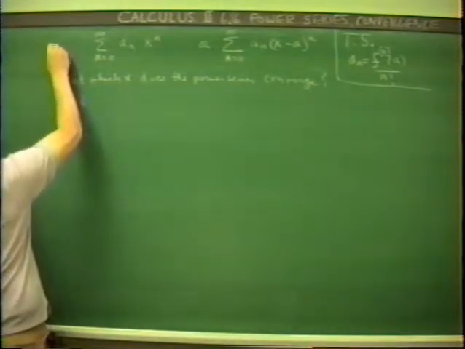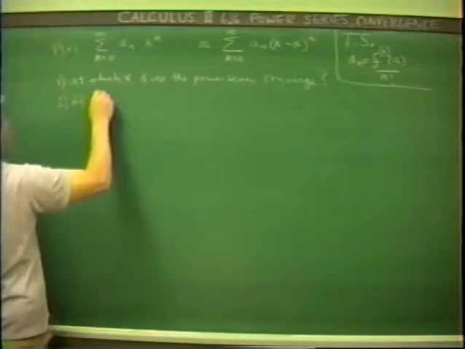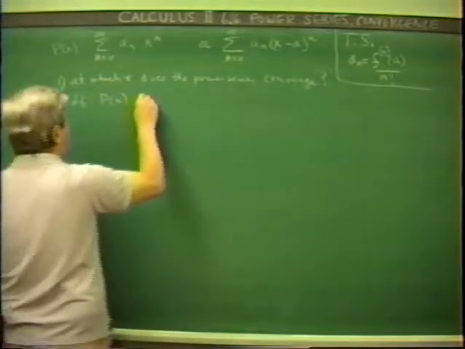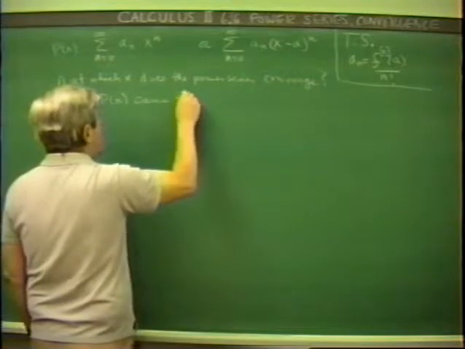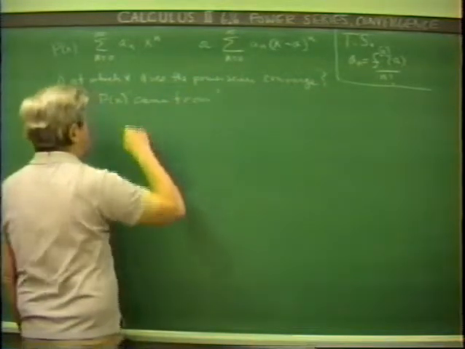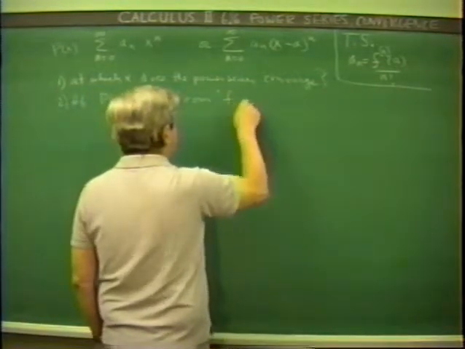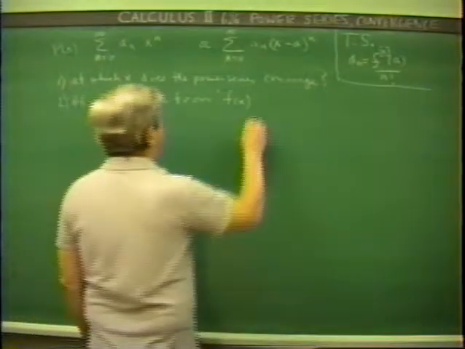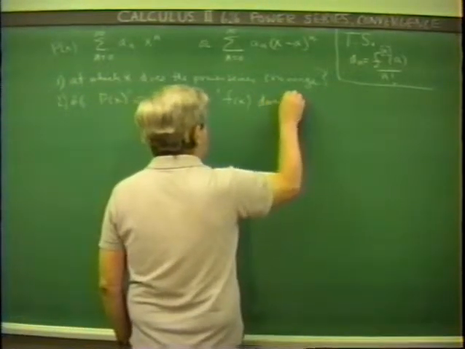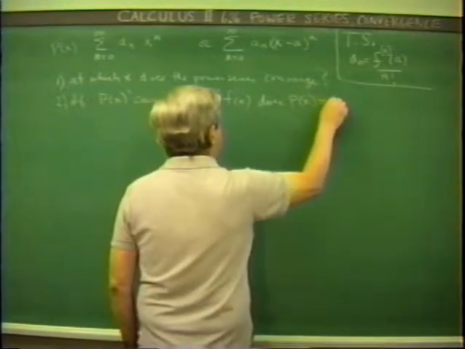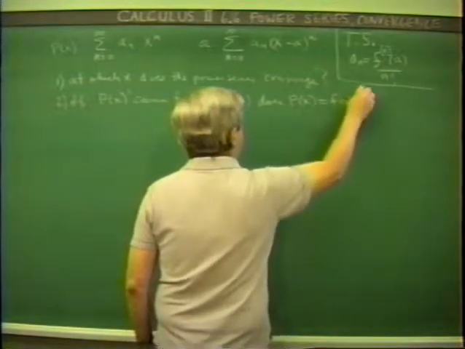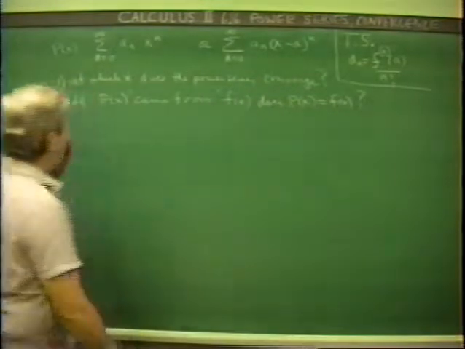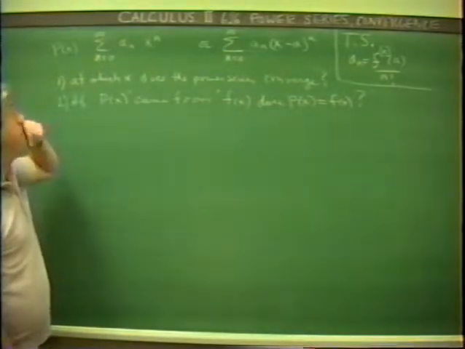And secondly, if P of x came from f of x, that's to say if it was the Taylor series for f of x, does P of x equal f of x at a particular x?